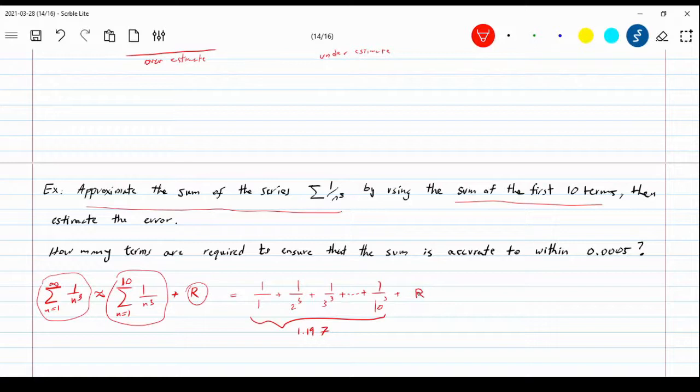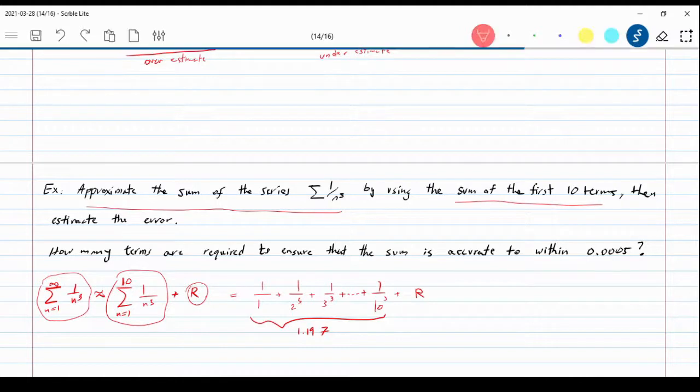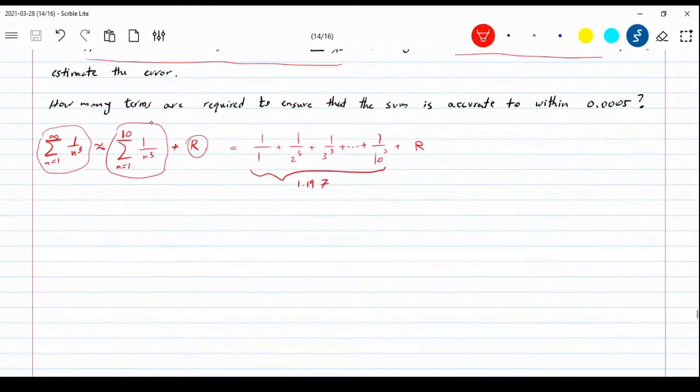And what is this remainder? This remainder is basically the tail of that series. And how do we find that remainder? We can calculate the integral. What was the integral?